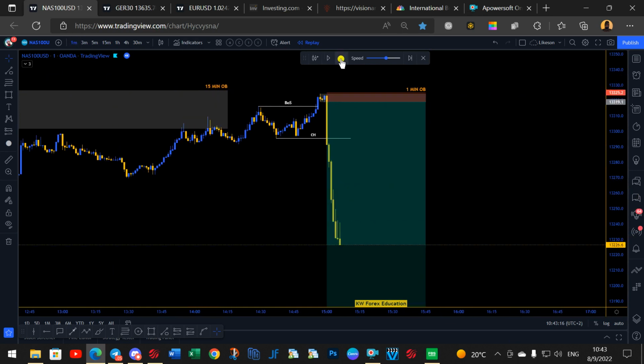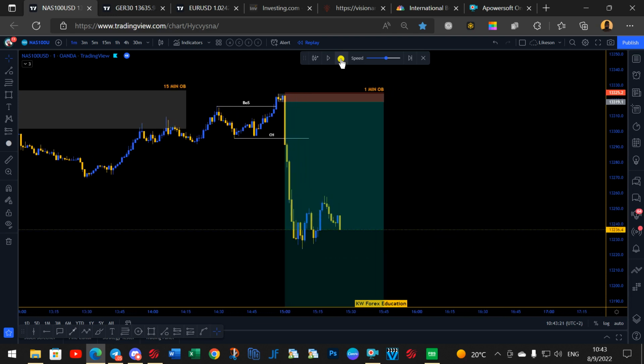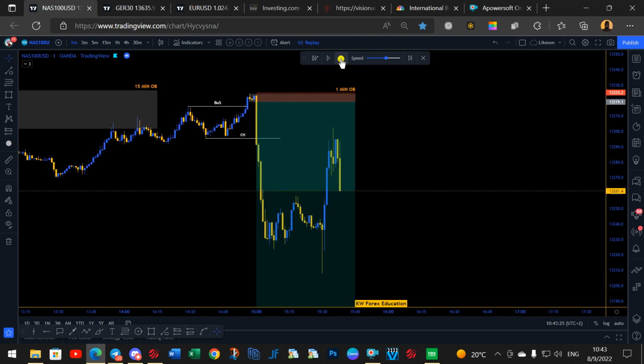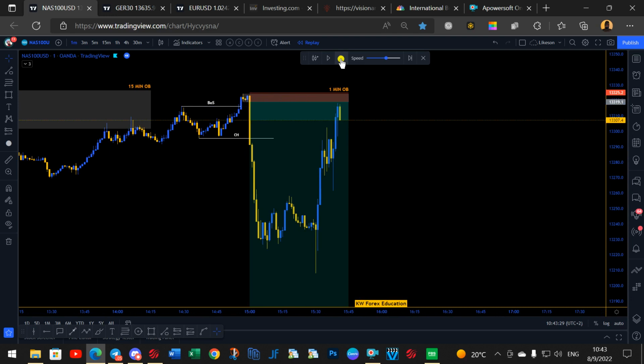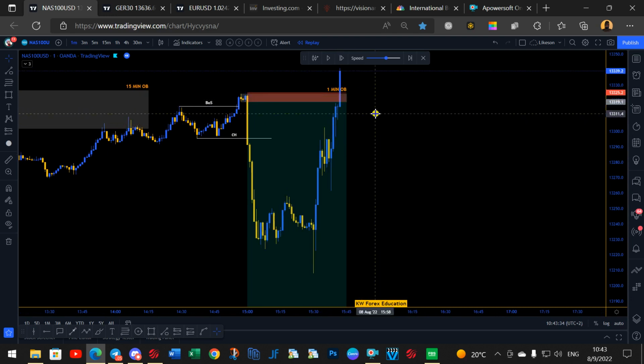Let's wait for price to come back up for that indication. So we didn't get an entry, then I lost the trade.